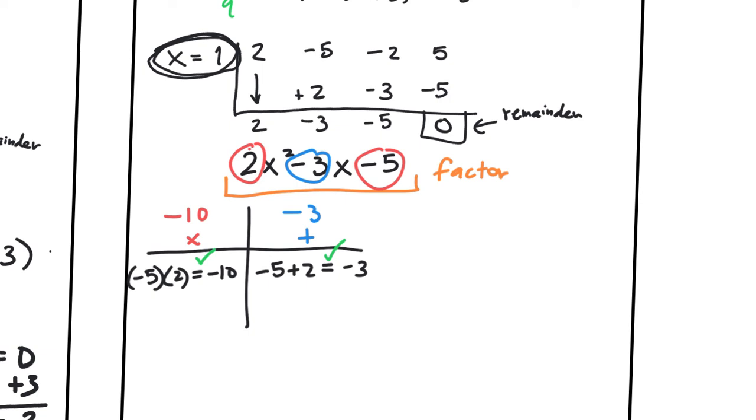Okay, so I'm going to make this table a bit smaller. All right, so we are going to set up the parentheses. My variable is x. The numbers that worked were -5 and 2.